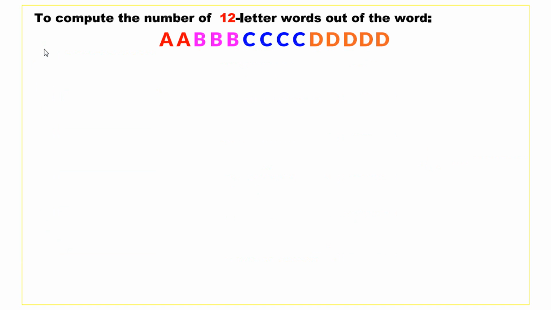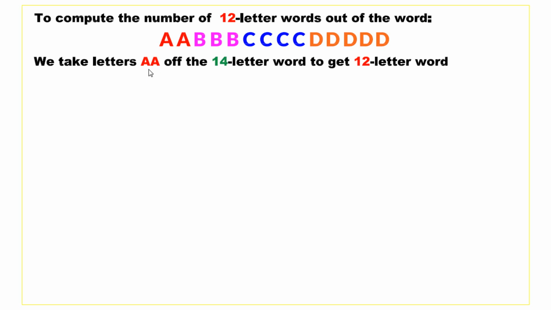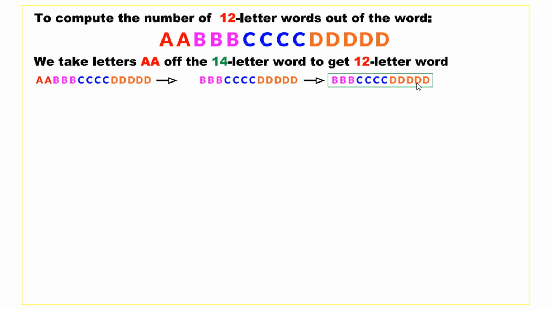There are also other cases to generate 12-letter words out of the 14-letter word, and that is by taking two A's off, so we take two letters A from here and we end up with a 12-letter word.